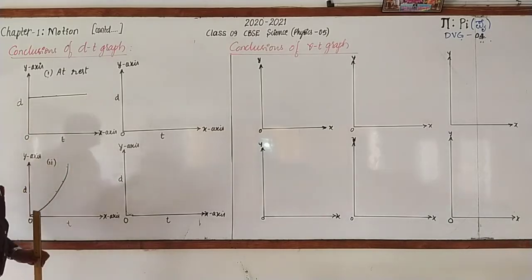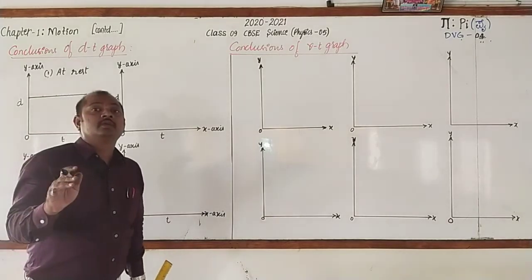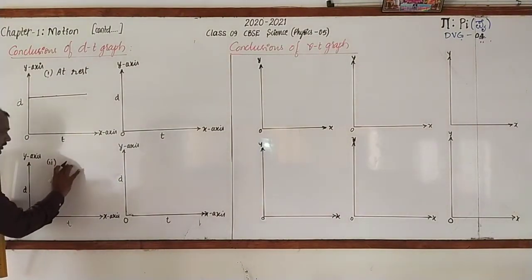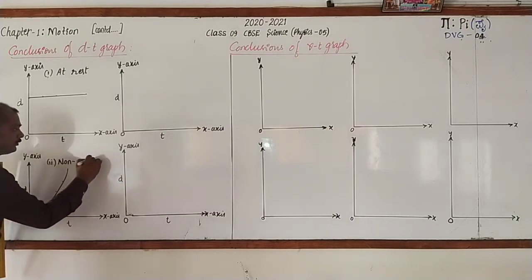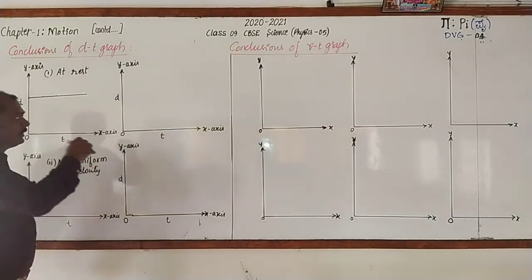When a body covers unequal distances in equal intervals of time, then we say that it is moving with non-uniform velocity, right? So we can write this as non-uniform motion or non-uniform velocity.